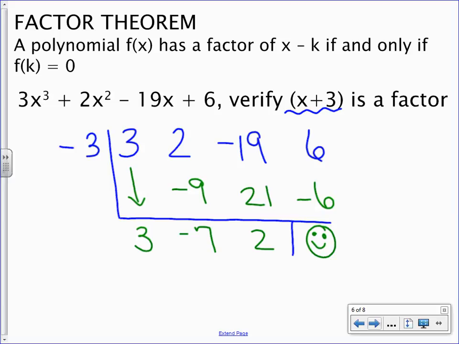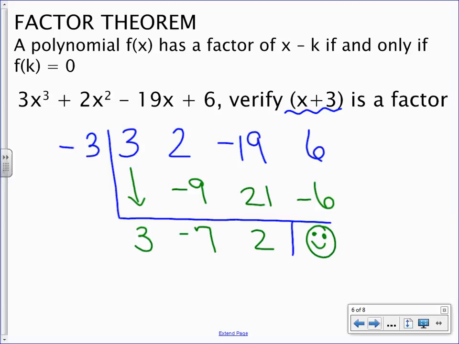It divides evenly into our function. Okay? There is no remainder when we divide by x plus 3. Okay? What did we also find out about our polynomial? Since x plus 3 is a factor, then what do we know about this? -3 is a 0. Okay?